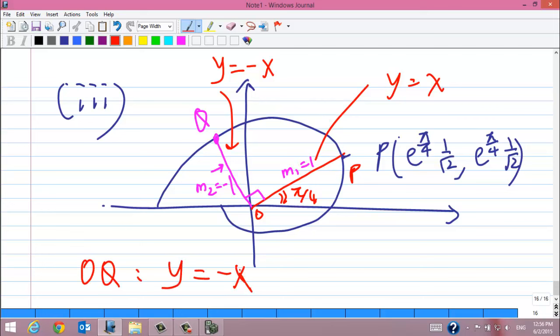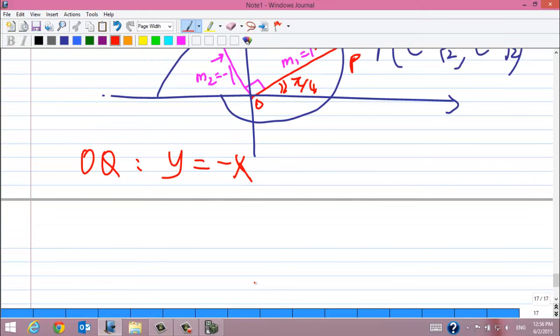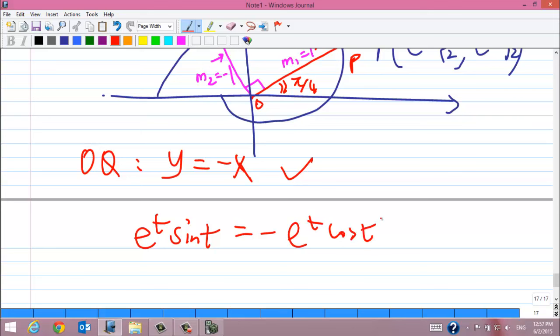Then of course this Q lies on y equal to minus x and at the same time on the curve. So you sub the x and y of the curve into this equation, and it becomes e^t sin t equal to minus e^t cos t. Since e^t is obviously not 0, you can simply cancel it.